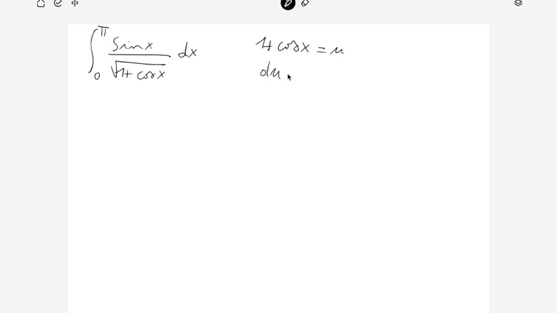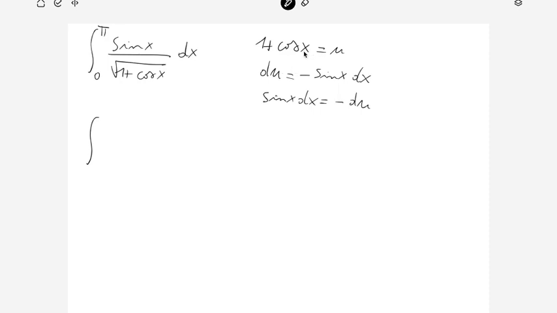du is equal to the derivative of this, which is minus sine of x dx. So, since we have sine of x dx in our integral, this is equal to minus du. We put the minus here. Okay, and we solve the integral.